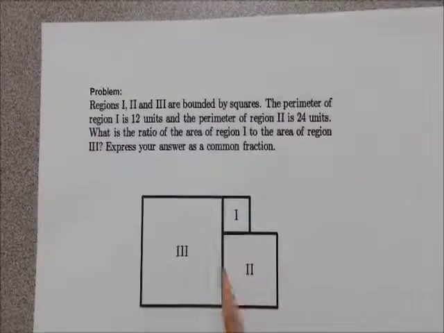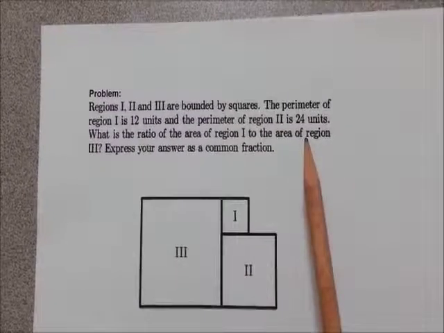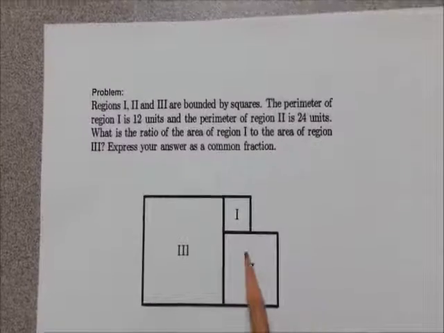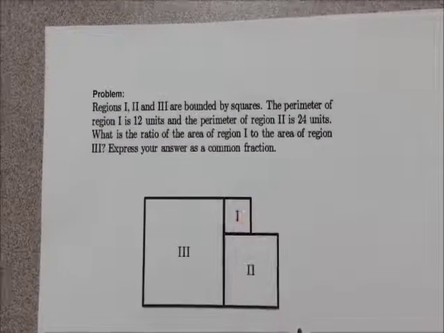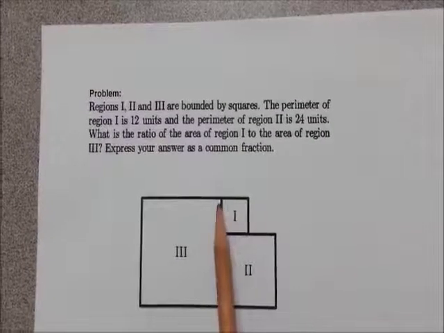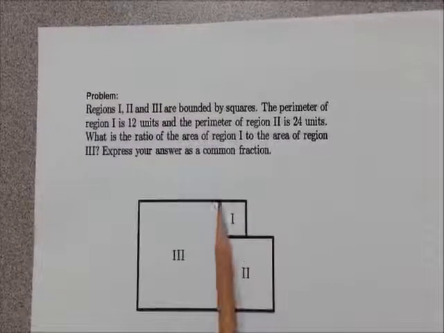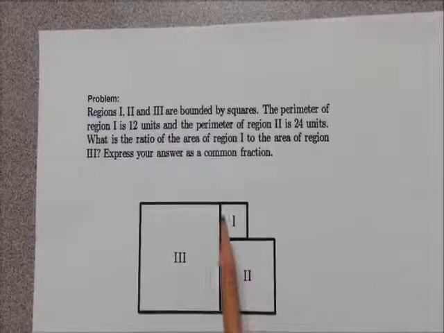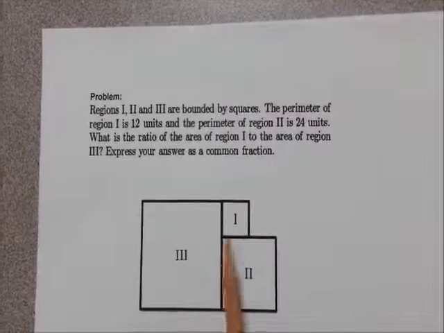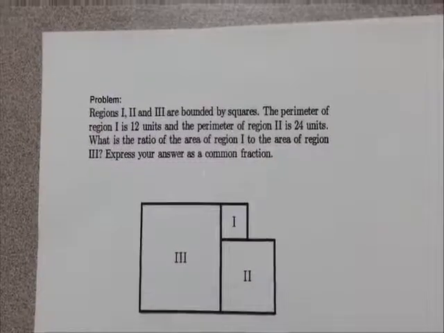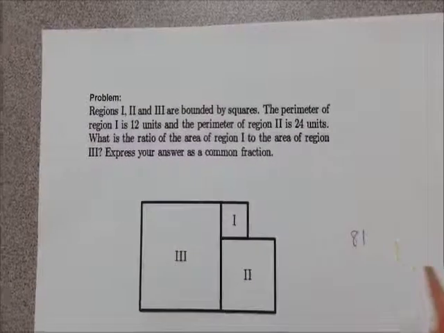So 24 divided by 4 is 6, and 6 plus 3 is 9. So one side is 9, and the formula is base times height. So 9 squared, or 9 times 9, is 81.